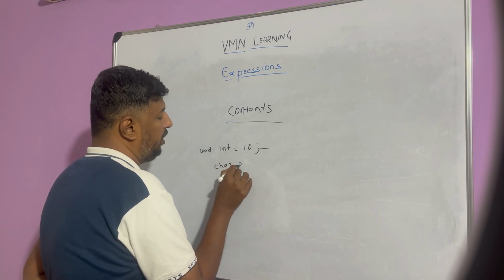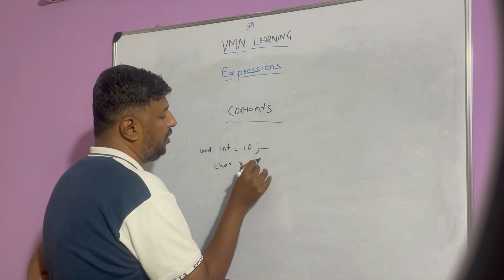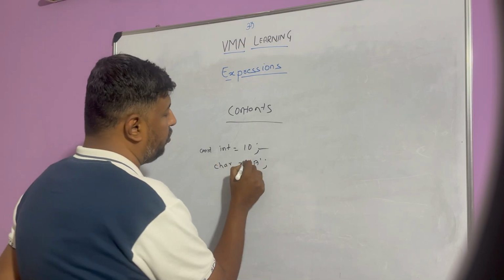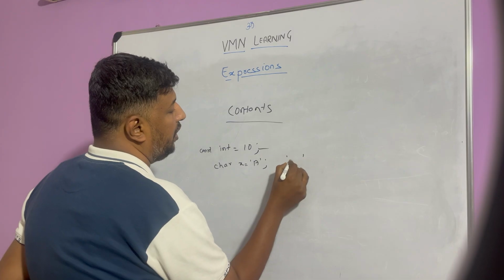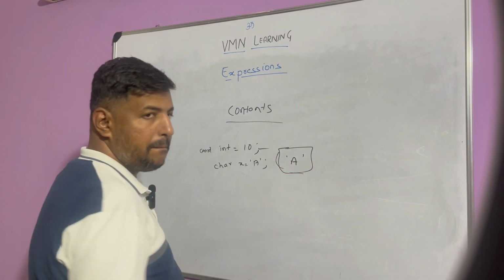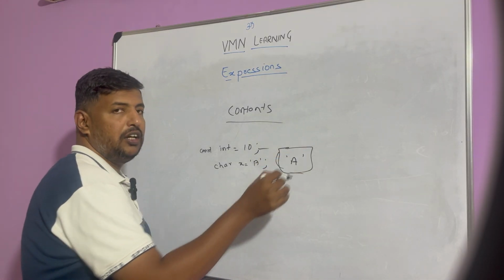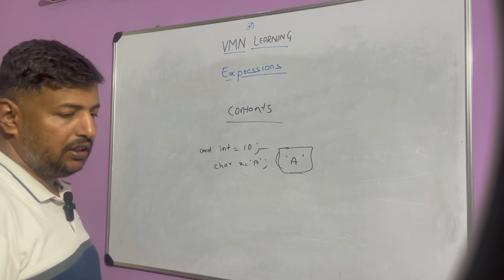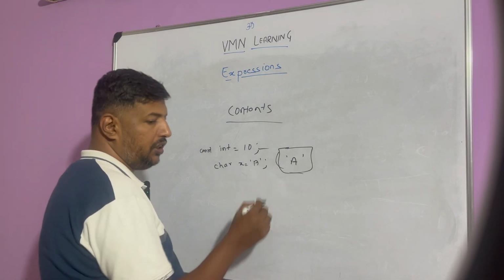Char x = 'a', we are giving it under the quotes, it represents a constant, because this value cannot be changed.